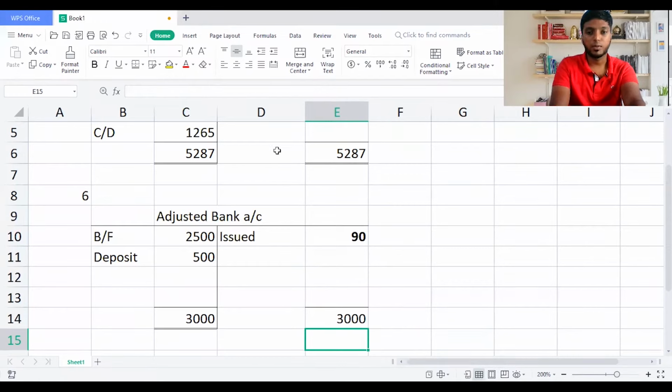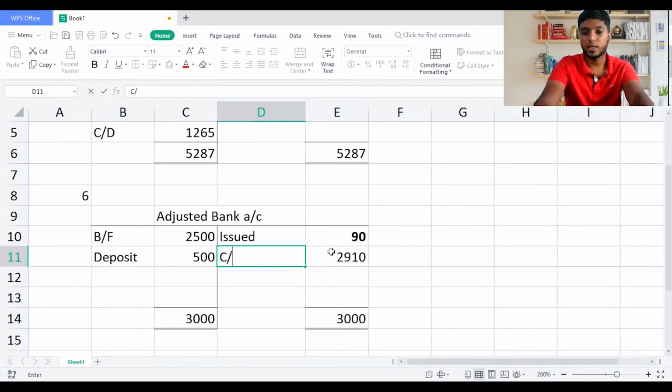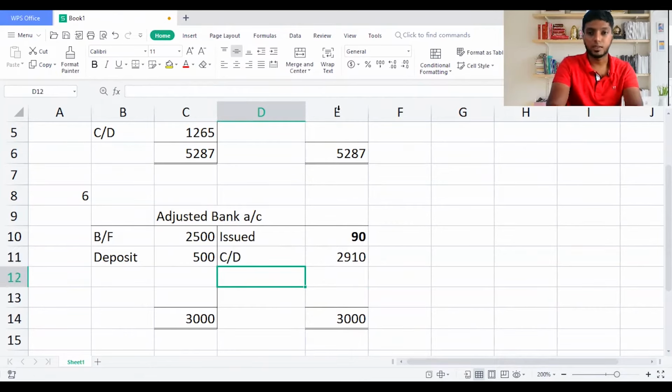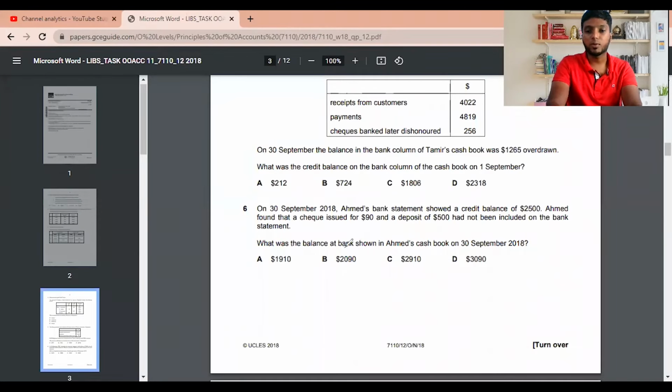I'm going to get a value of 2,910, which is my carried down balance of my adjusted bank account or adjusted cash book as they have given. So what was the balance at bank shown in Ahmed's cash book on 30th September? The answer is 2,910. I hope you guys understood the sixth one.